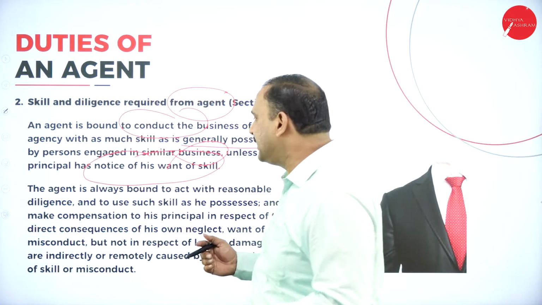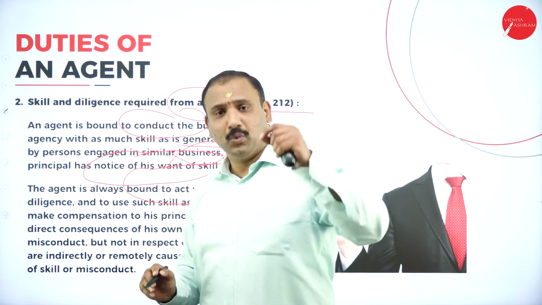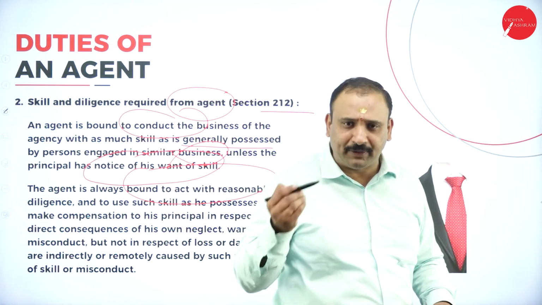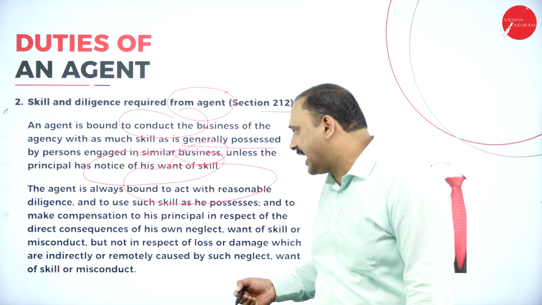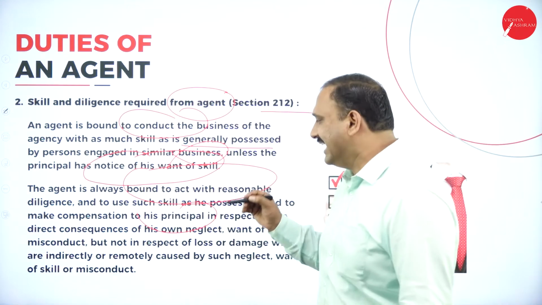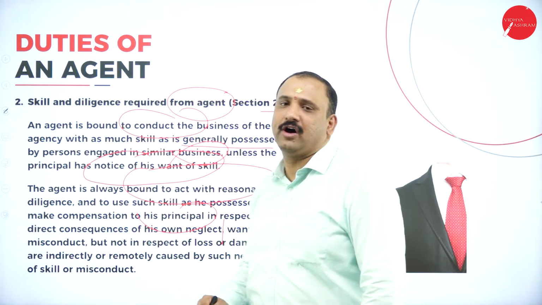Now, the agent is always bound to act with reasonable diligence, which means the factor of common sense has to prevail upon the agent at any given point of time, and to make compensation to his principal in respect of the direct consequence of his own neglect, want of skill or misconduct.